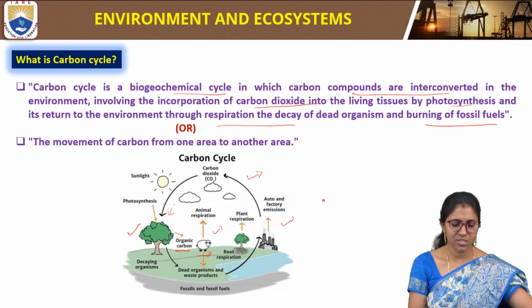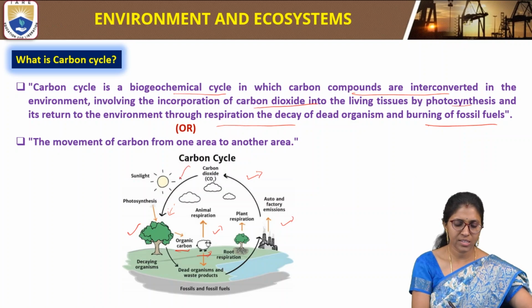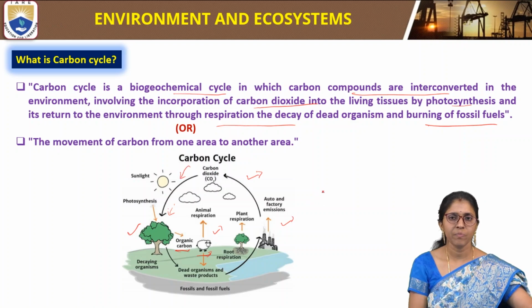So this is the carbon cycle. First, carbon dioxide is consumed by the plants, and again carbon dioxide is emitted by animal respiration and plant respiration and also burning of fossil fuels and decay of dead organisms. So this is about the carbon cycle.